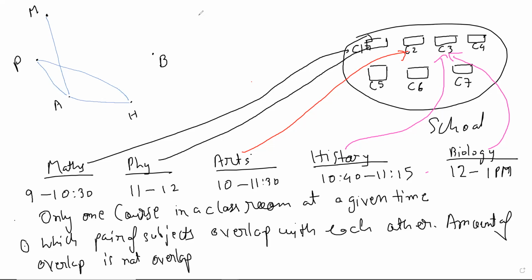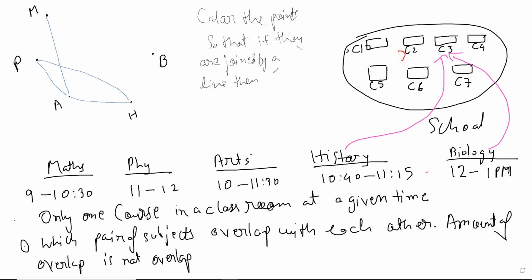I need to color the points so that if they are joined by an edge, if they are joined by a line, which means that the timings overlap, then they get different colors. And that's different classrooms.